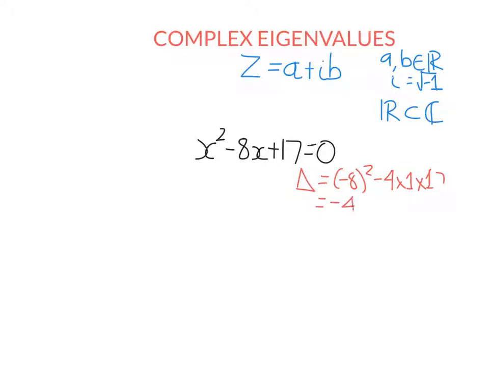You were probably told at some point that this means there are no solutions to this quadratic. Well, it turns out that if we allow ourselves to square root minus 1, we can actually find two solutions. Using the quadratic formula, x equals minus b plus or minus the square root of the discriminant, over 2a.